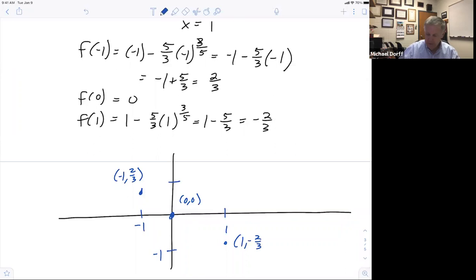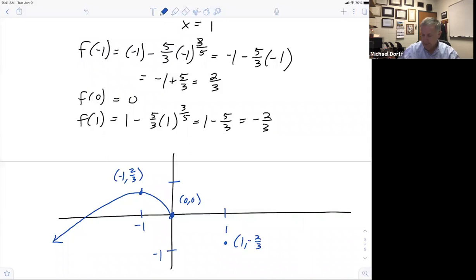I know the function is increasing from -infinity to -1, and it is concave down in that region. So it's going to look something like this. Between -1 and 0, it's decreasing, but it's still concave down. So it's going to look like that.